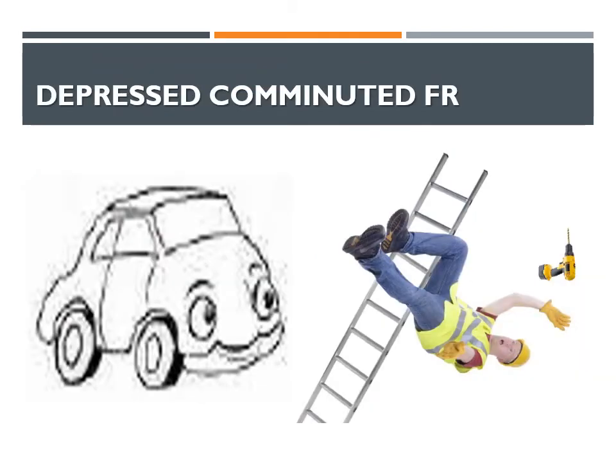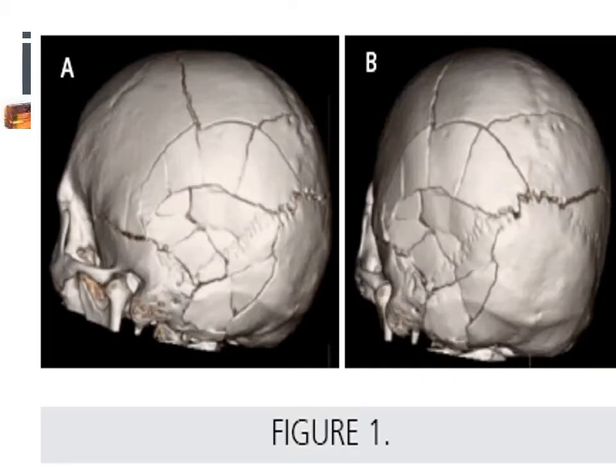Second type is depressed comminuted fracture, which is caused by wide striking surface area, like car accident or falling from height. This is the shape of depressed comminuted fracture.